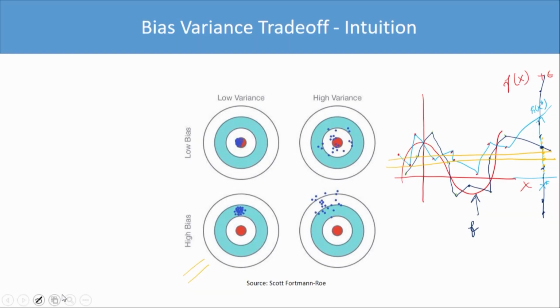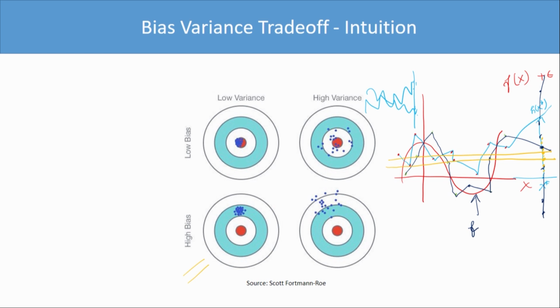So this is the yellow part, right? Whereas the other one, the blue one, is high variance and low bias, right? Every time you get high variance here, but in this case the variance is low. So that is what this is kind of trying to capture.